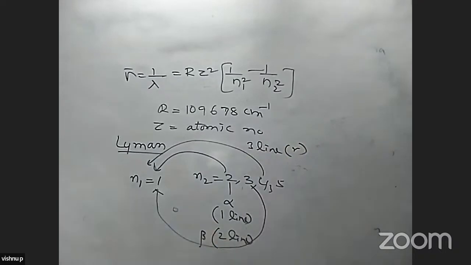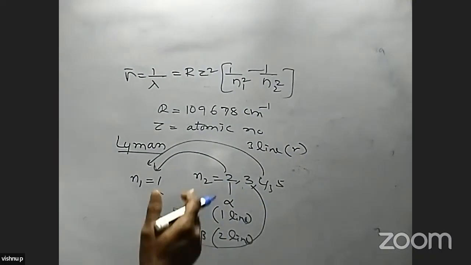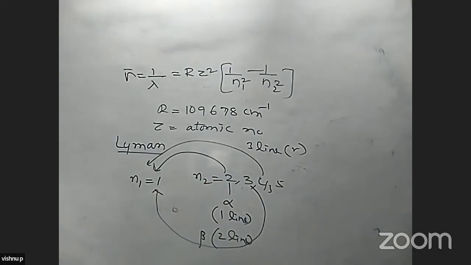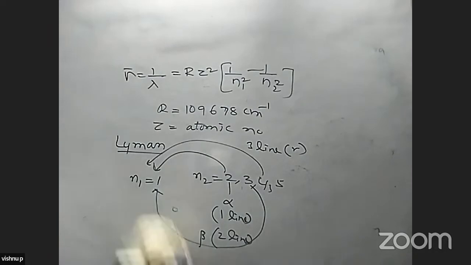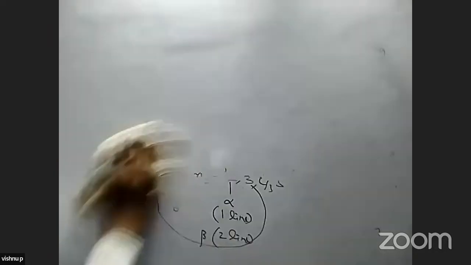If the electron jumps from infinity, n2 value we can take as 0. This is the way we find the alpha, beta, gamma, first, second, third line wave numbers.